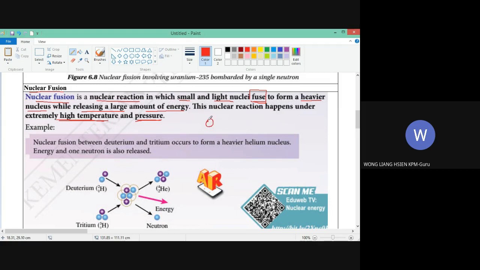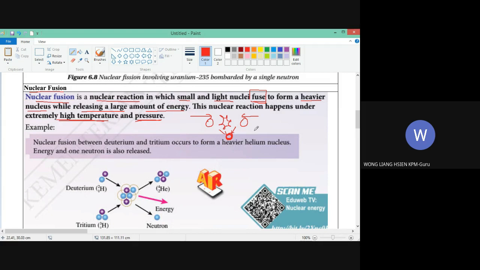That means the two small nuclei move and coincidentally knock into each other and then join together, become one.